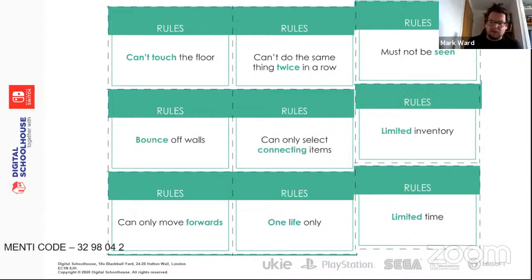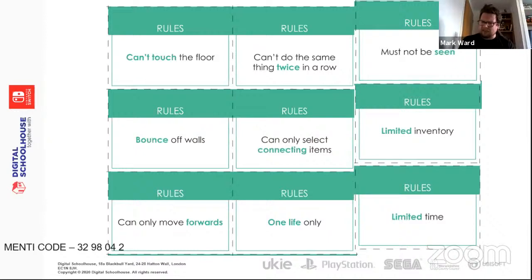Bouncing off walls. Can only select certain items. Can only select connecting items. You have a limited inventory. Can only move forwards. One life only, and limited time. Again, some of the games that you've already played may well have some of these mechanics already in, some of these rules.